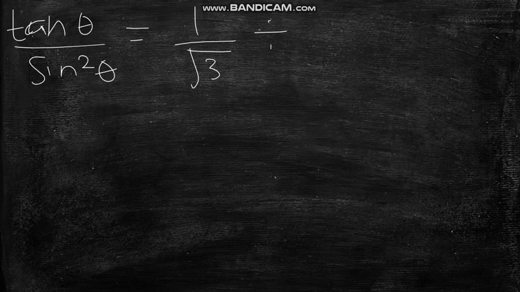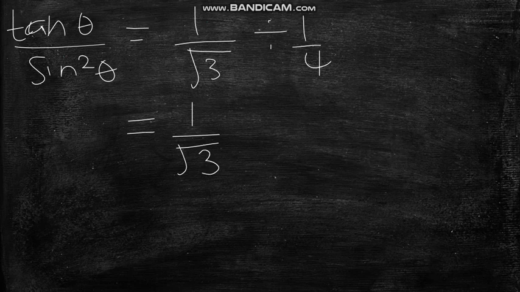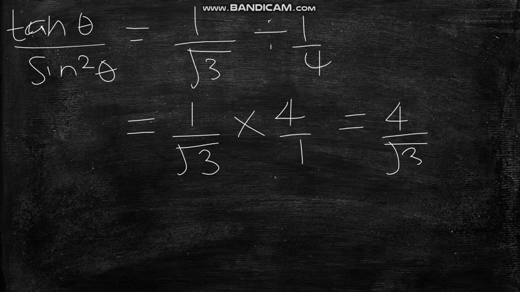Sine squared theta is 1 over 4. So if we solve for this, 1 over root 3, divide turns to multiplication, and that will be the reciprocal of this, so that will give us 4 over root 3. So this is in surd form.